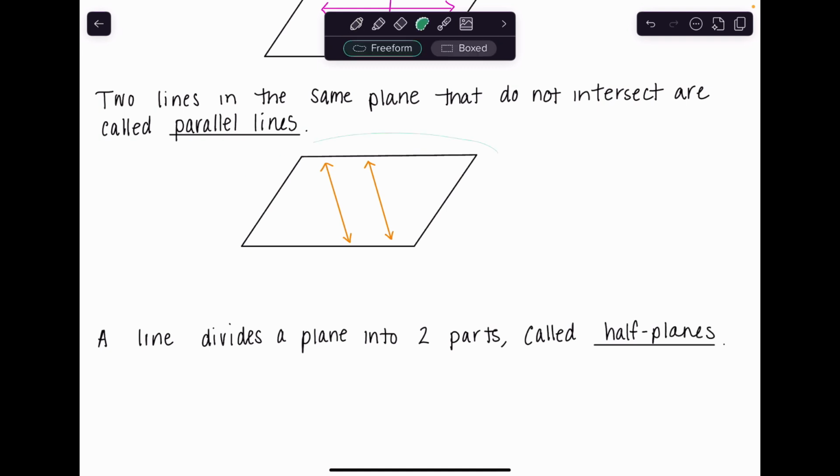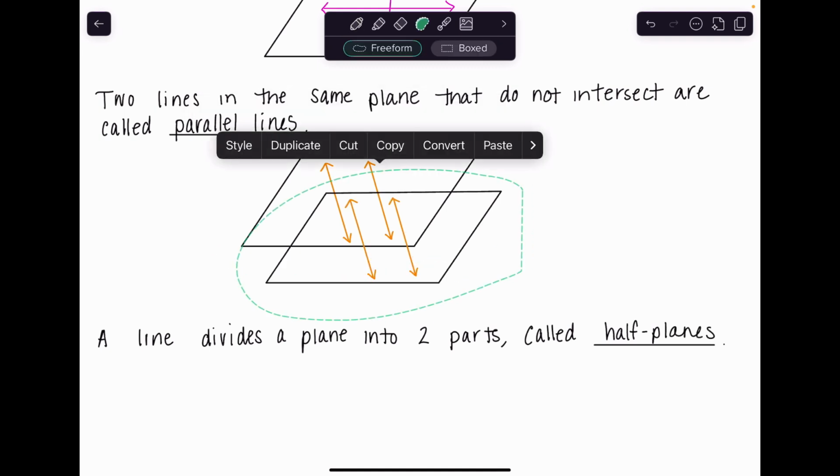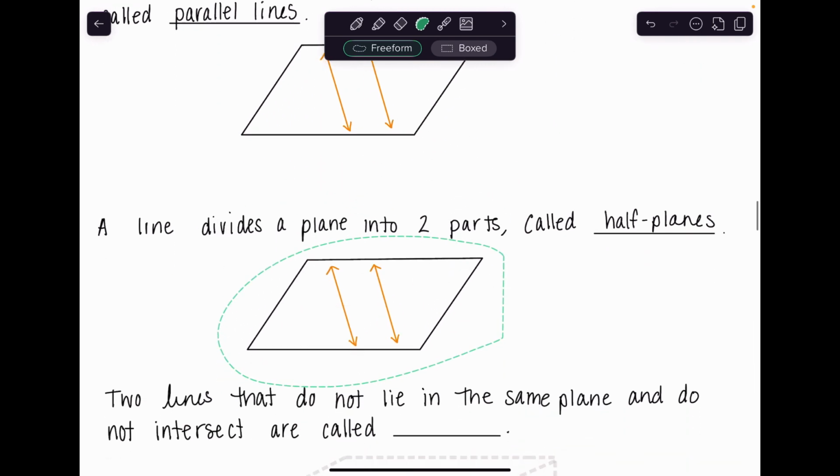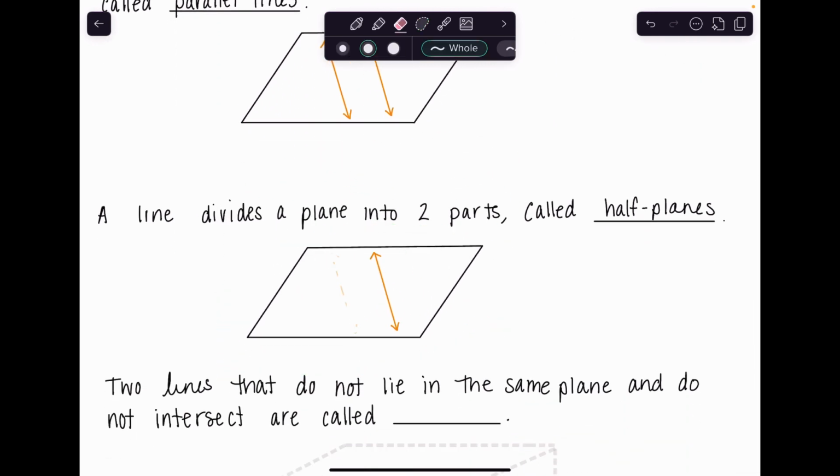So again, to use the same visual, here is my plane, and I can keep one of these lines within here. This line really divides this into 2 different pieces. There is one part over here that has a stopping boundary, but it does continue on forever in these other directions.